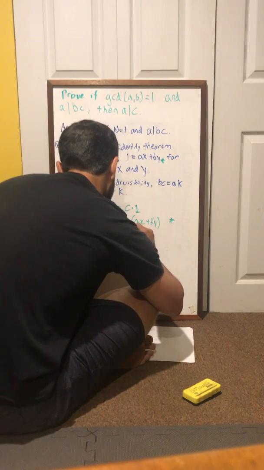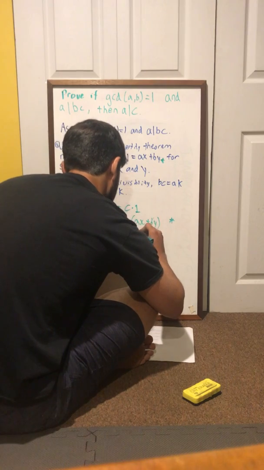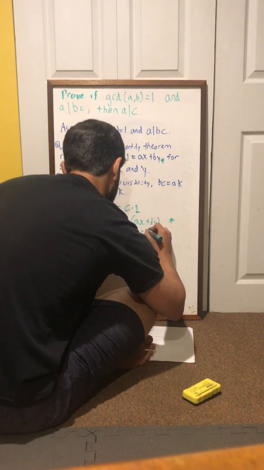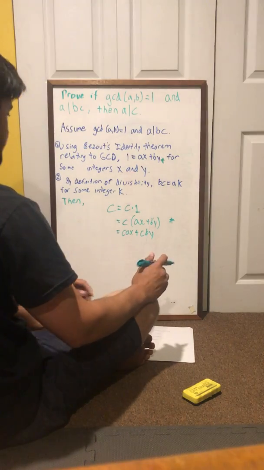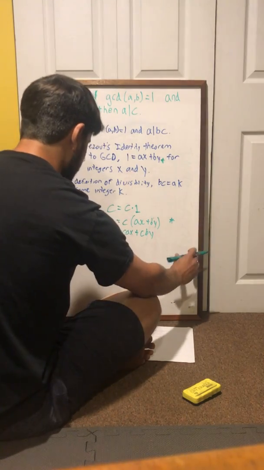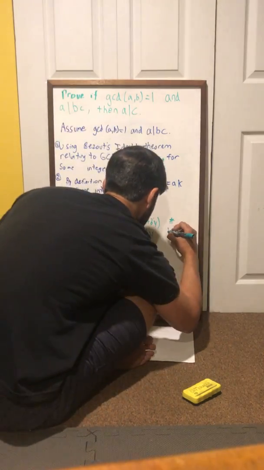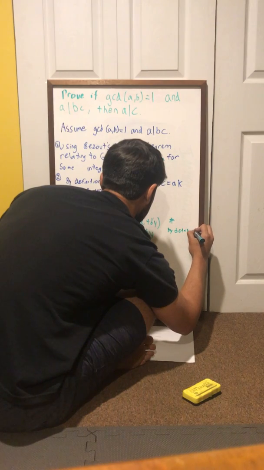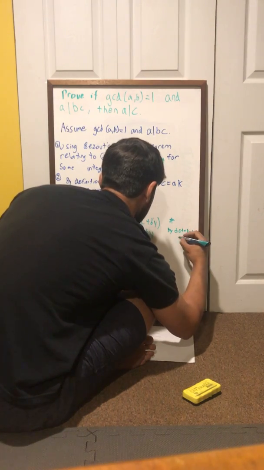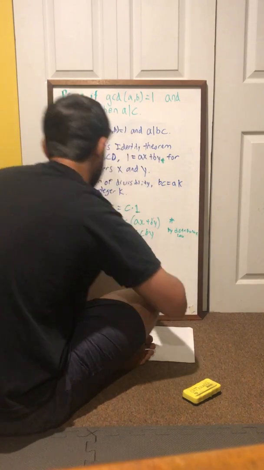So CAX plus CBY. That's just by distributive law. Let's write that.